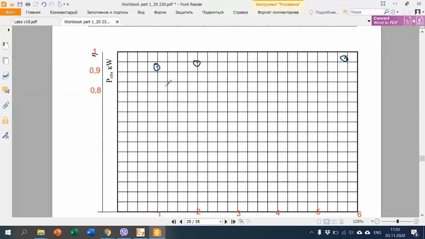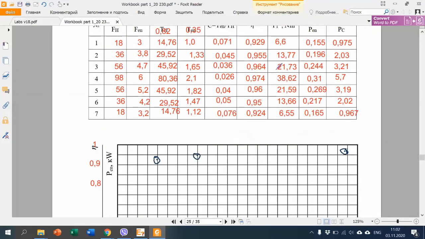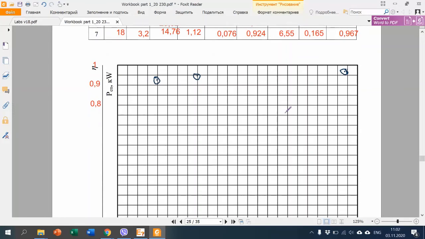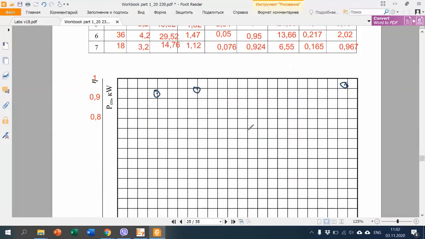So you put, we have 4 points. It's the first, and the second, and the third, and fourth. So one more, 0.96 and power 3 and 2. 3 and 2, 0.96.